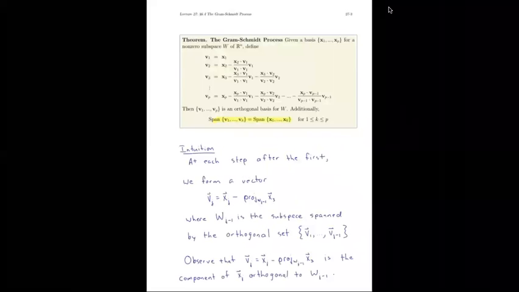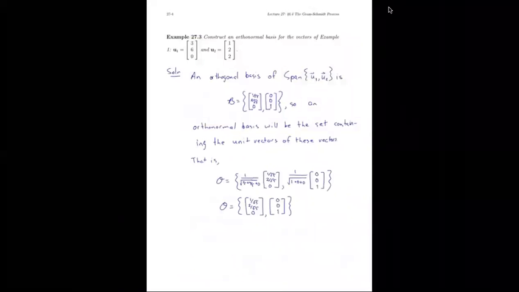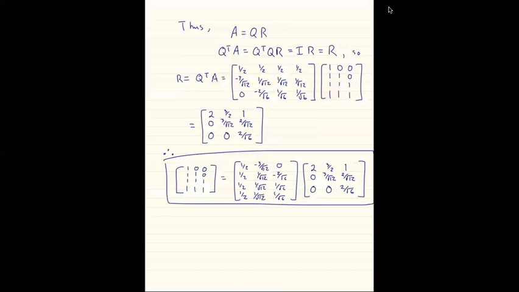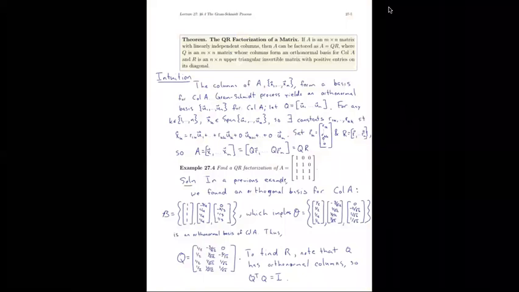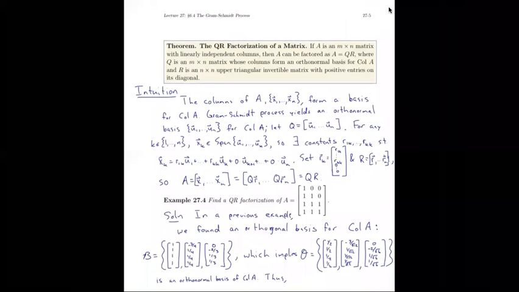We know that xk is an element of the span of v1 through vk, in our case u1 through uk. Since that's the case, xk can be written as a linear combination of u1 through uk, and we'll let these constants be r.